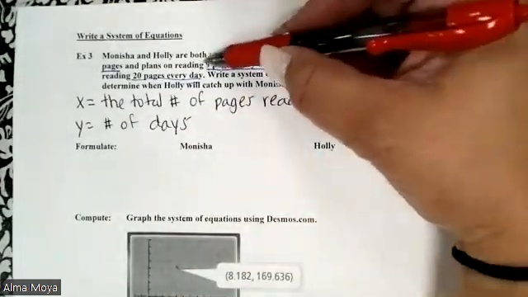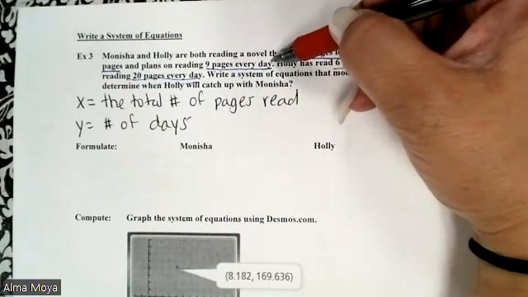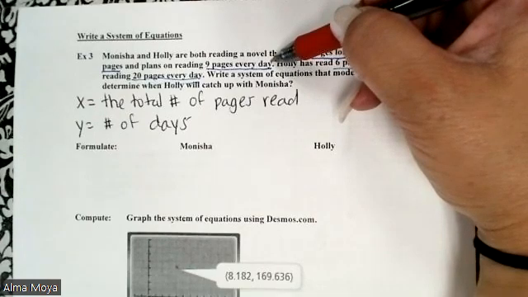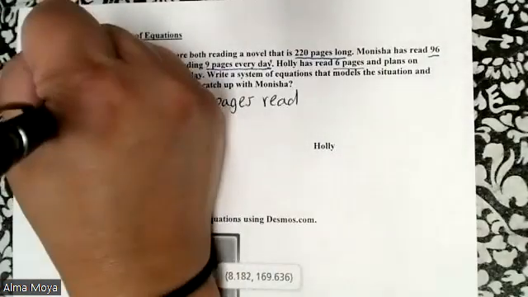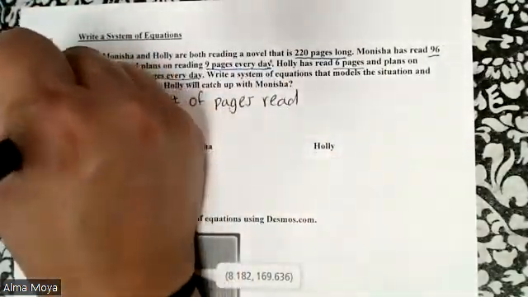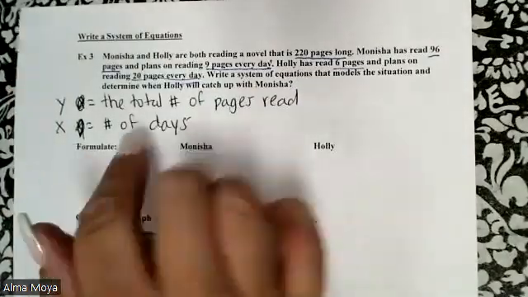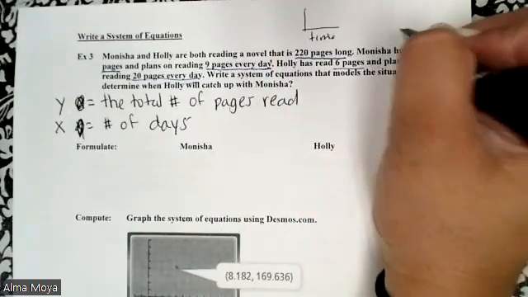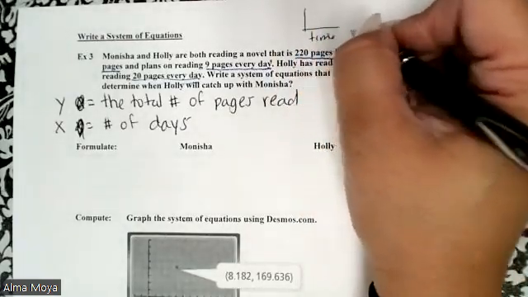Well, let's see. Hold on. 9 pages every day. Oh, wait. I think I need to switch my variables. Yeah, I think I need to switch them, because time is always going to be independent. So actually, this is going to be Y. And this is going to be X. Time is always going to be on the X-axis.